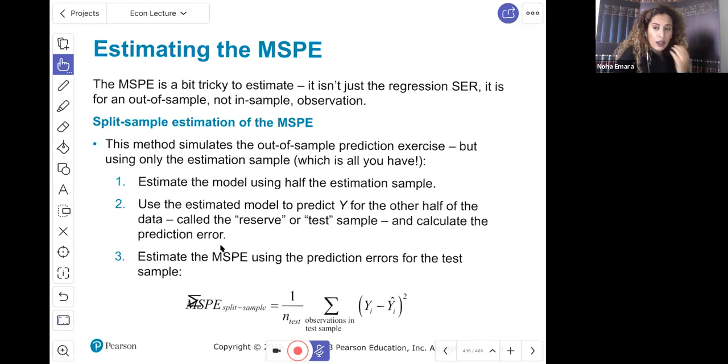Then for the other half, I'm going to calculate the error, and use this error to go to number 3 and compute the mean squared predicted errors. The P here is just a notation telling us that it's a prediction. Okay. And this is just by splitting half-half.